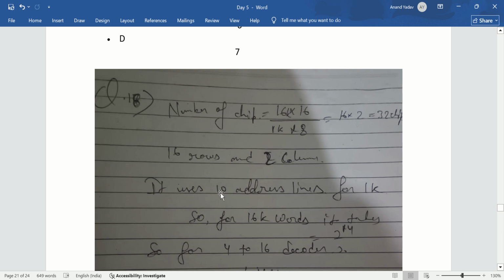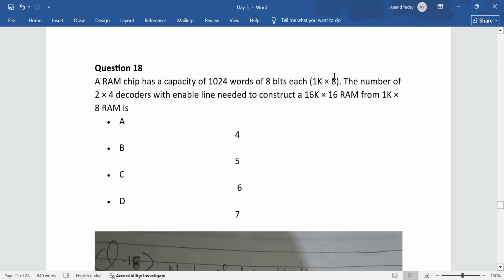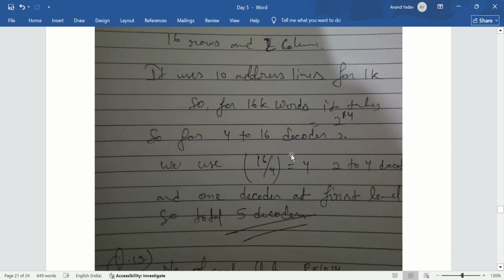To create 16 rows and 2 columns, it uses 10 address lines for 1K, since each chip is 1K. So for 16K words it takes 2 power of 14. So a 4 to 16 decoder is used.